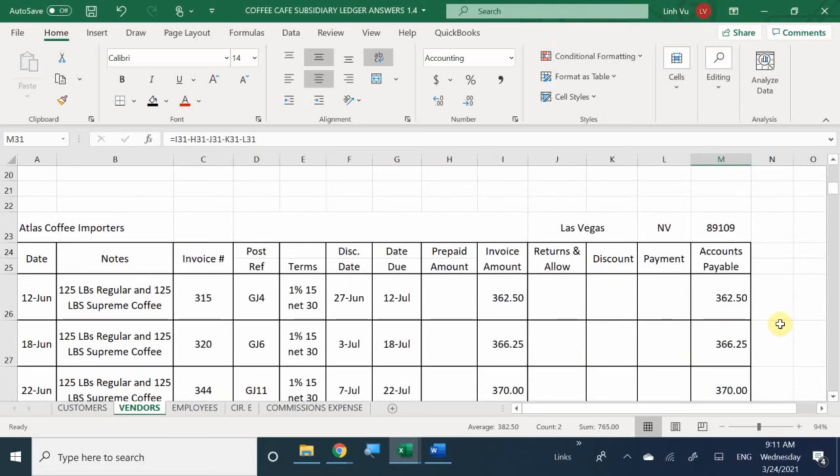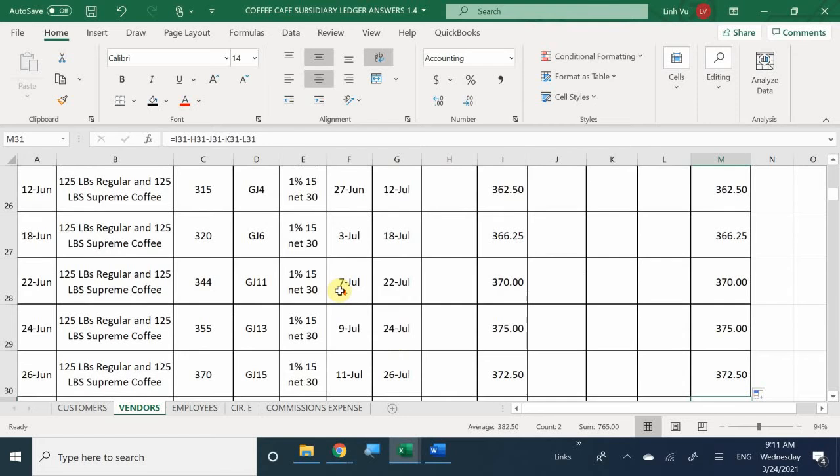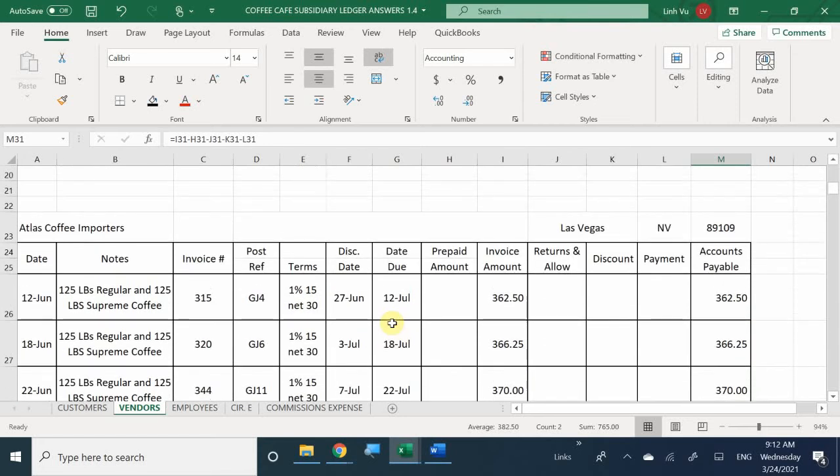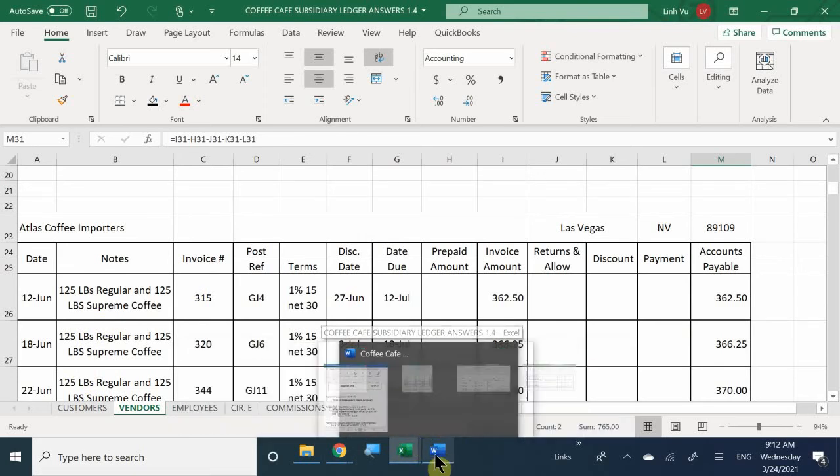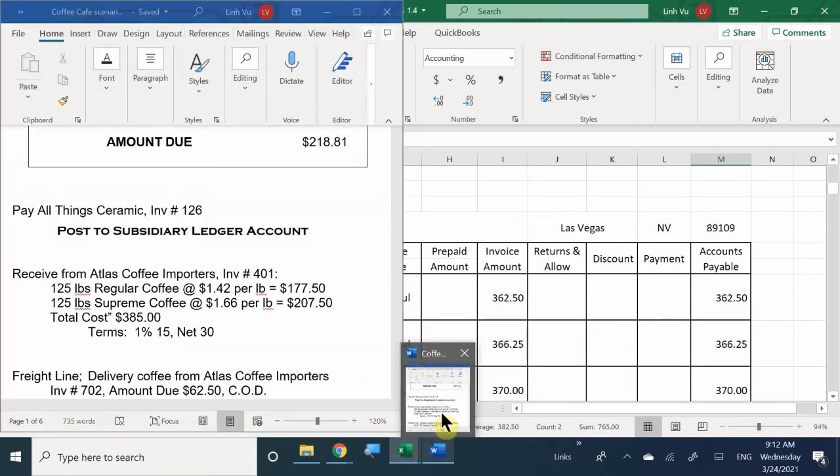But the most important thing is, do we want to take a discount? And if we do, then we pay. If not, we don't have to worry about paying them until July. Okay? So what's next?